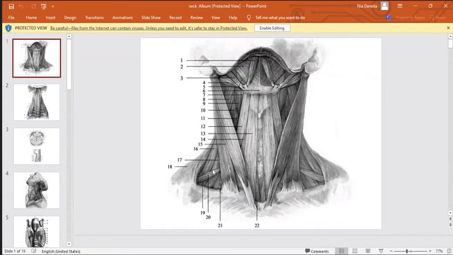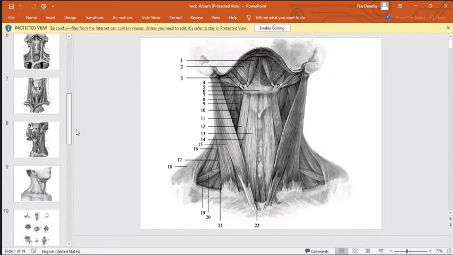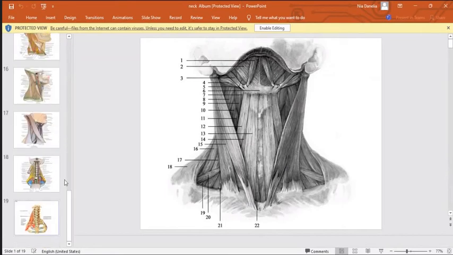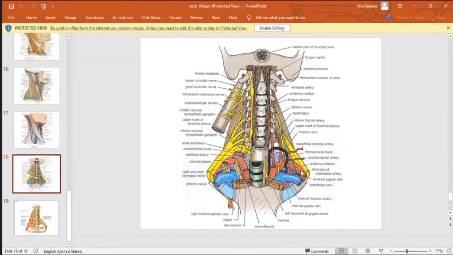Content of this triangle, we have subclavian vein, subclavian artery, and brachial plexus.